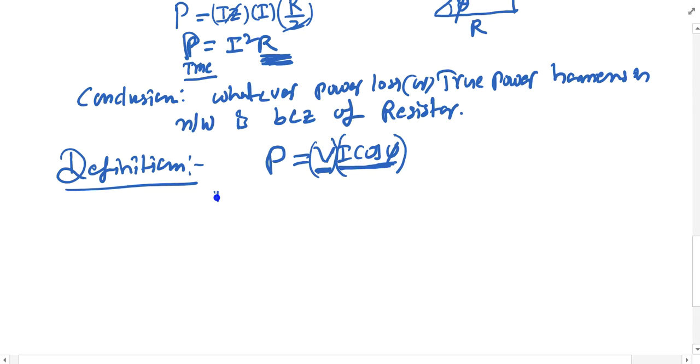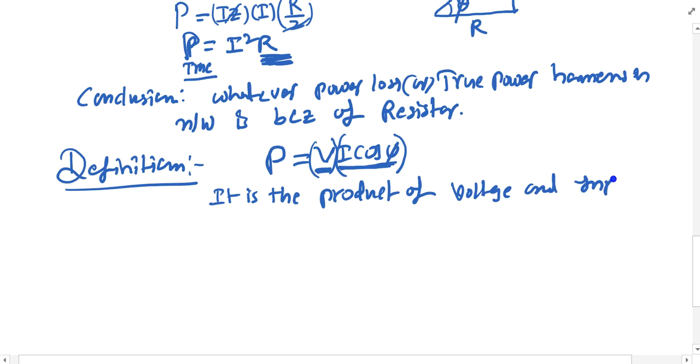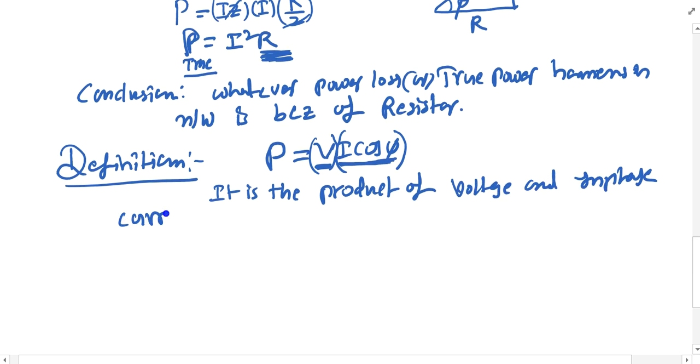So it is the product of voltage and the in-phase current component. That is the definition and the explanation.